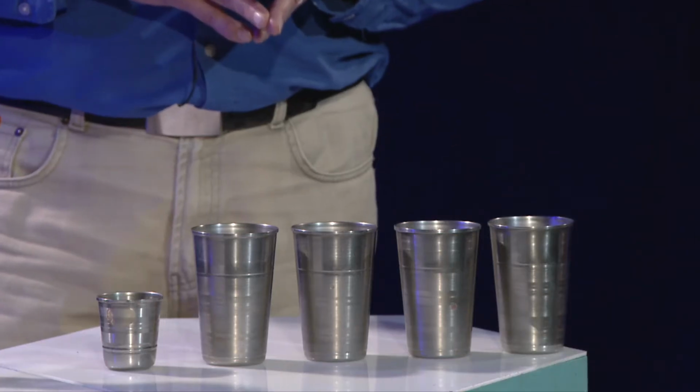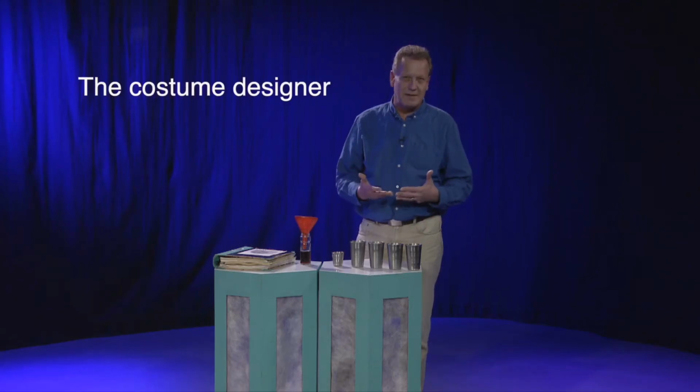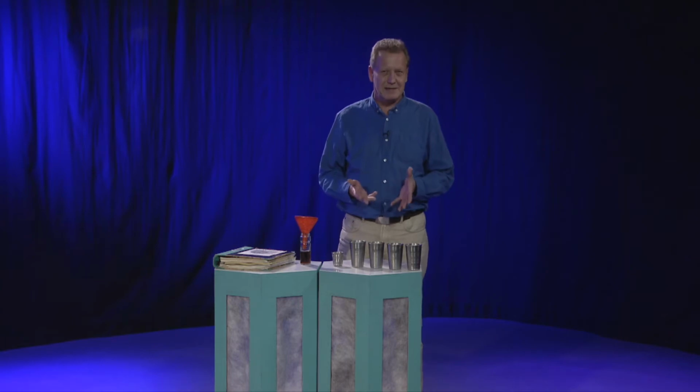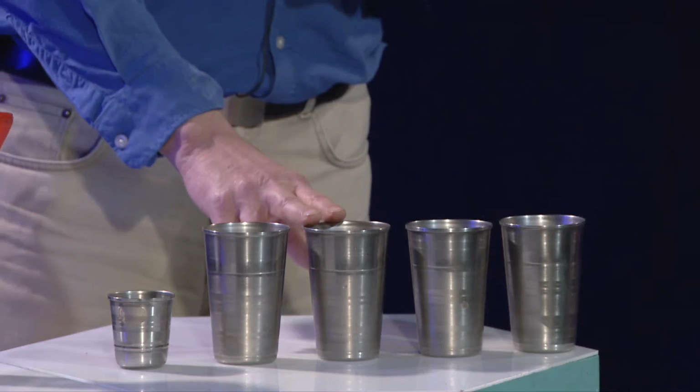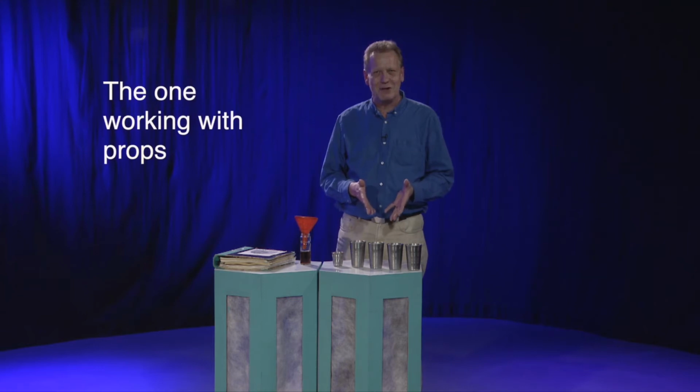Another function is, of course, the costume designer. That means you are the one deciding what kind of clothes the actors or the characters will wear. And as I said earlier, the shoes are the most important part to start with when you are rehearsing. They decide a lot of the posture of the body. We also have the person who works with the props.